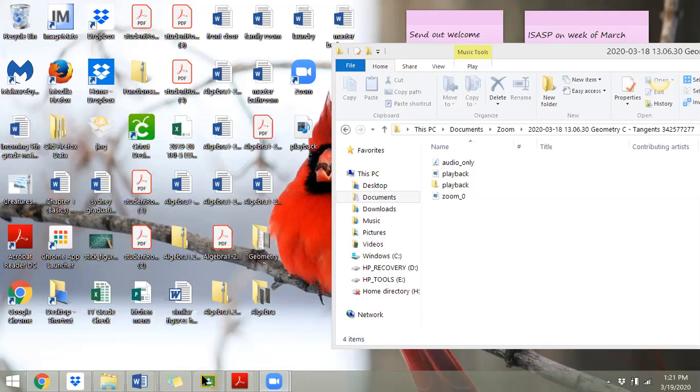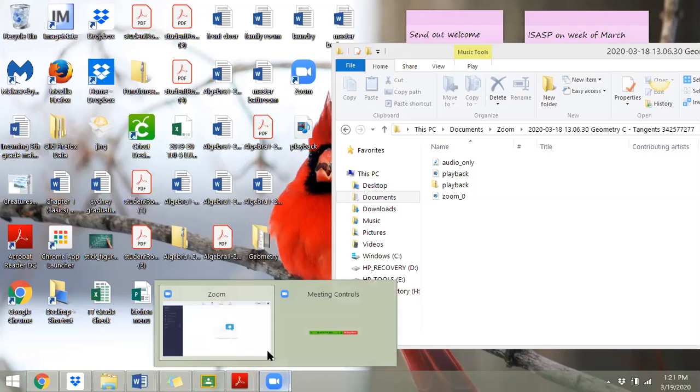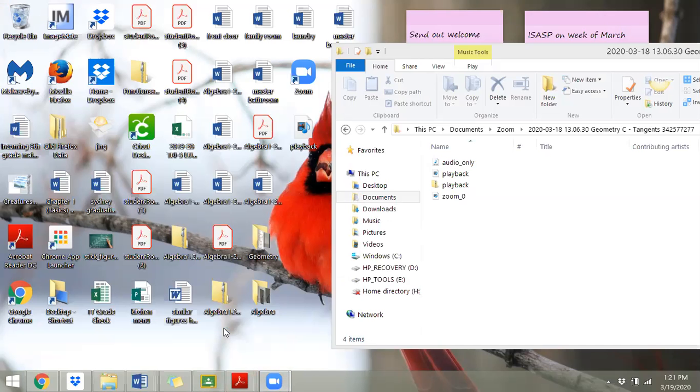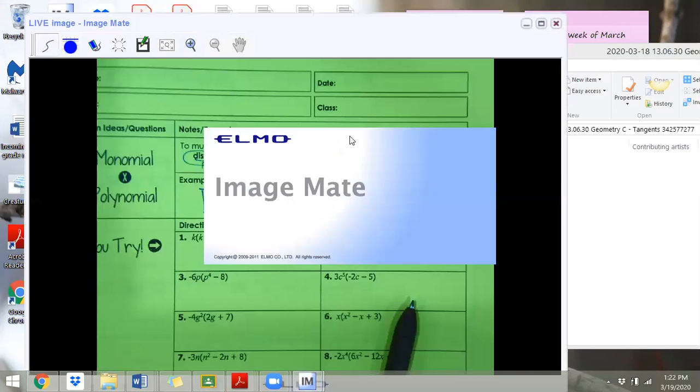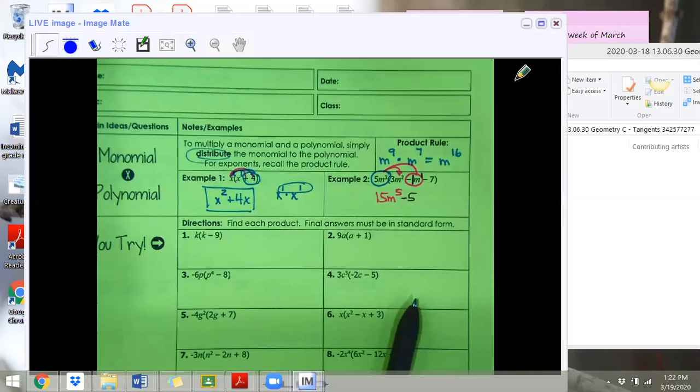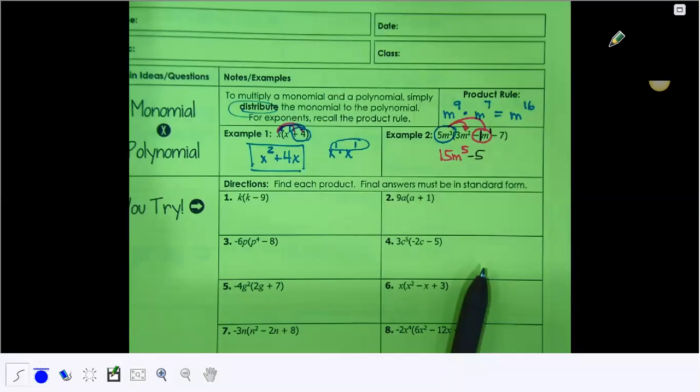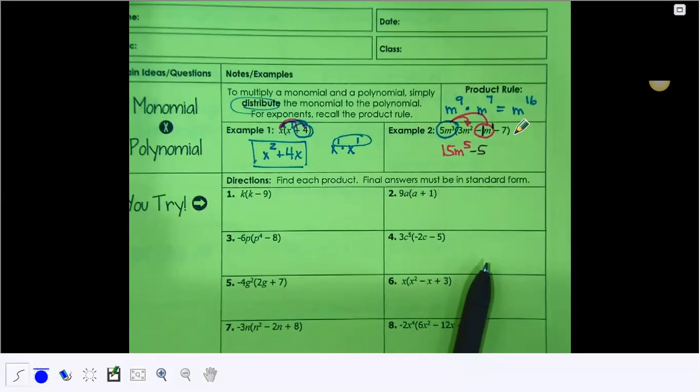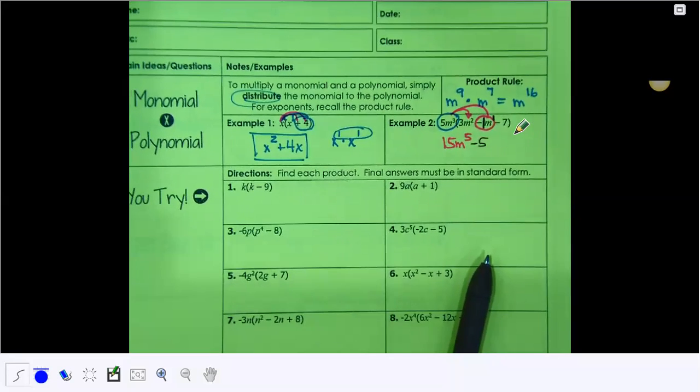Why can't you see my screen? This happened yesterday too. Now, can you see me? Oh, I can see it. Can you see all of it? Yes. Okay, here we go again.